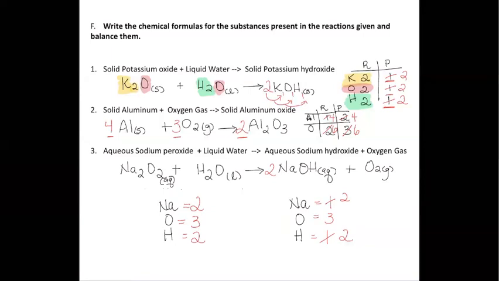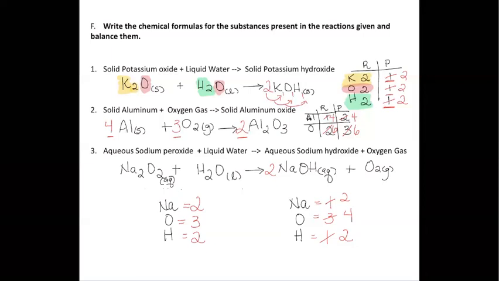But by putting a 2 in the front of that NaOH, what happened to the oxygens? How many oxygens do we have in the product now? Excellent, we got 4. So now your sodiums are balanced, your hydrogens are balanced, but your oxygens are not balanced.